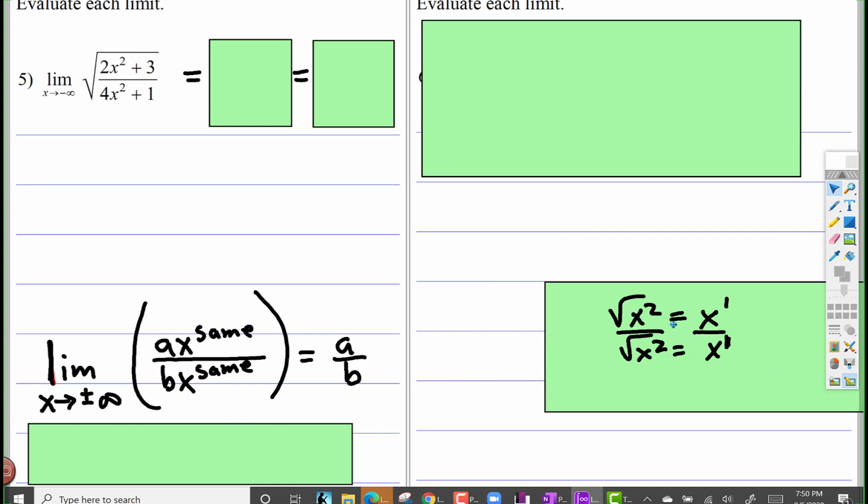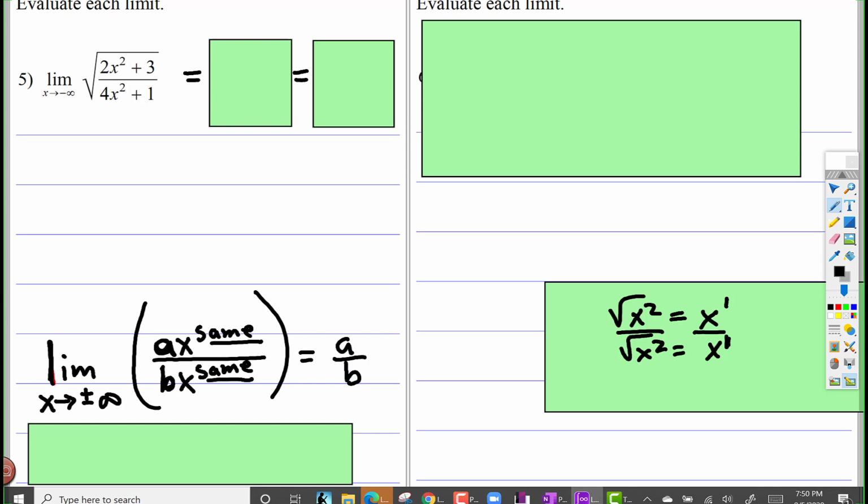So remember what we have here. When the highest exponent in the numerator is the same as the highest exponent in the denominator, you're headed towards a horizontal asymptote of the coefficient attached to those x's. So the ratio of a to b.